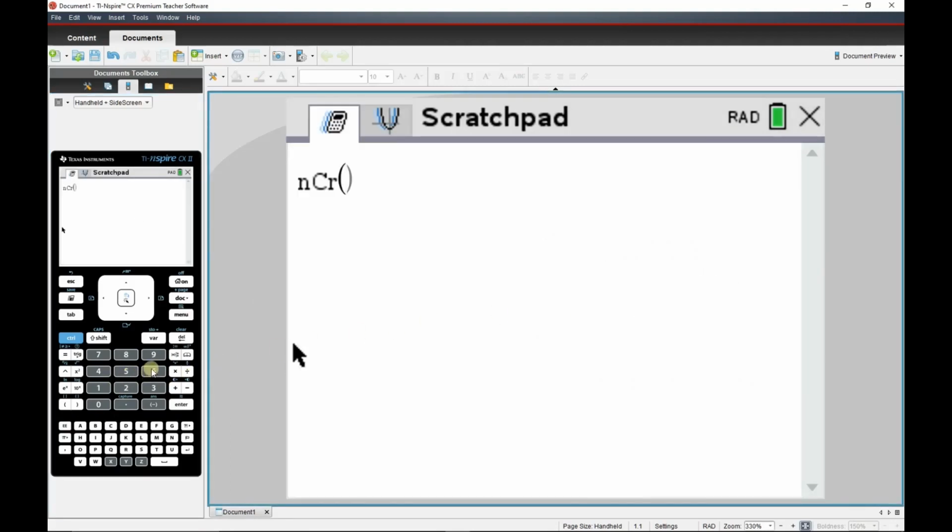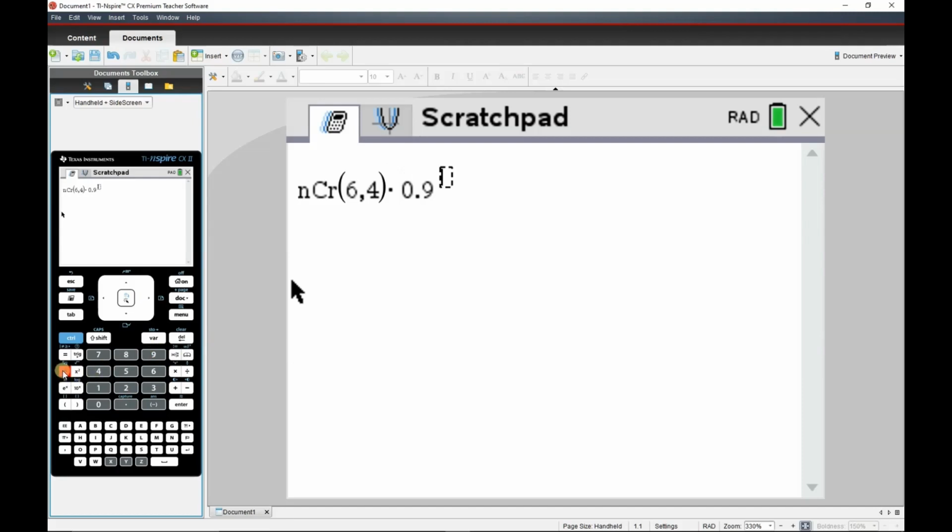In this case, N is 6 and X is 4. That's times the probability of success, 0.9, raised to the k power, which is 4, and times the probability of failure, 0.1, raised to the n minus k power, which in this case is 2.